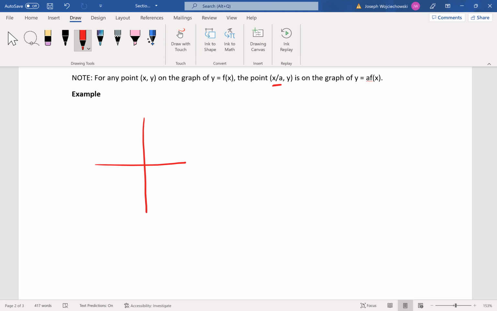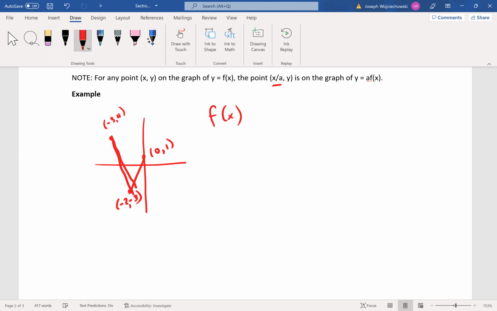We have this point here, 0, 1. And we have a point down here, -2, -3. And we have a point up here, -3, 4. So this is our original graph.